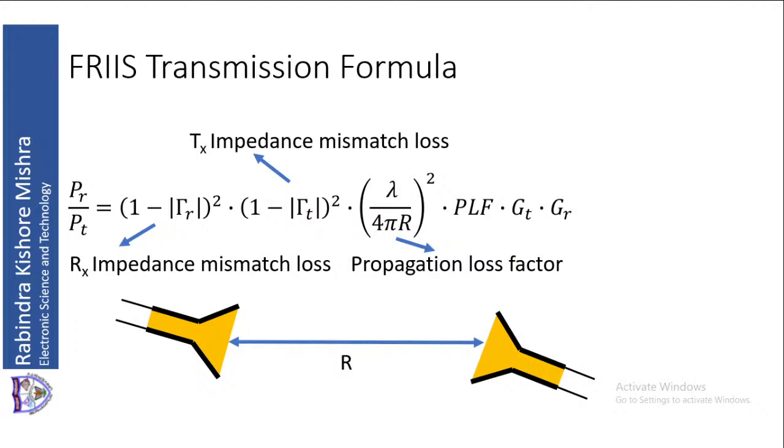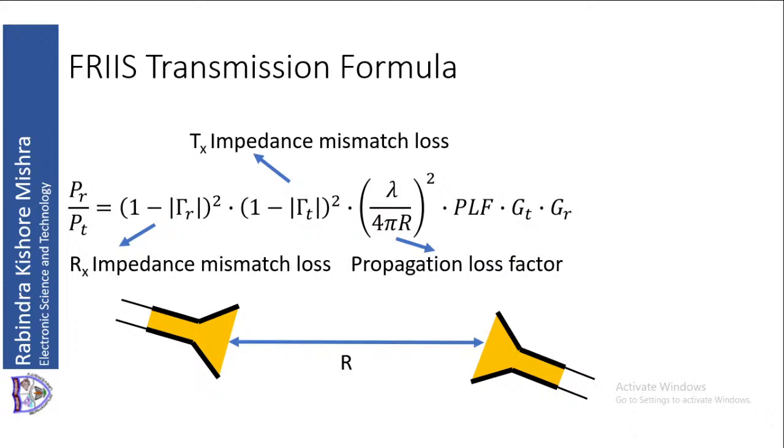This is called the propagation loss factor, where capital R is the separation between the two antennas. So we have some loss due to propagation in free space. And then because of mismatch in polarization, there will be polarization loss. That is PLF, the polarization loss factor.